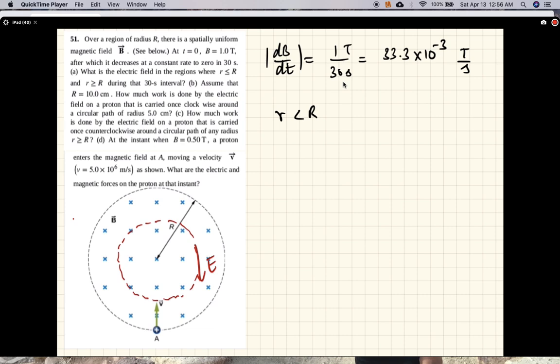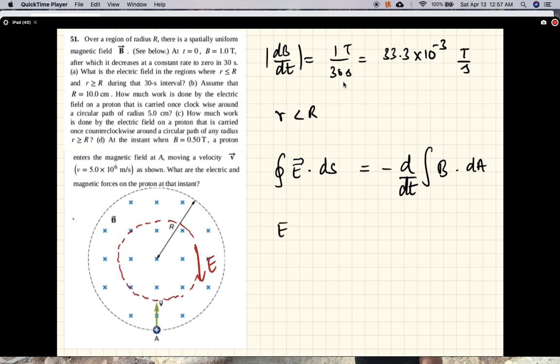So the line integral of the electric field around the closed loop is equal to minus d by dt of the integral of B dot dA. It's an integral, but anyway.